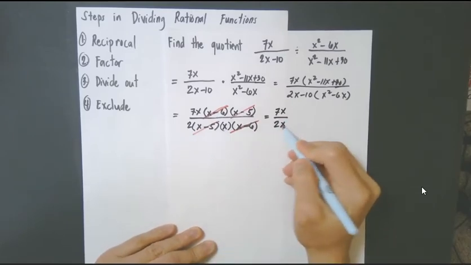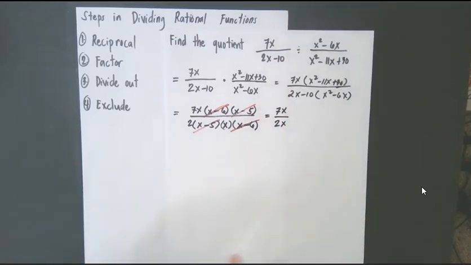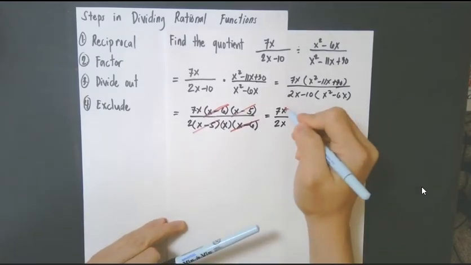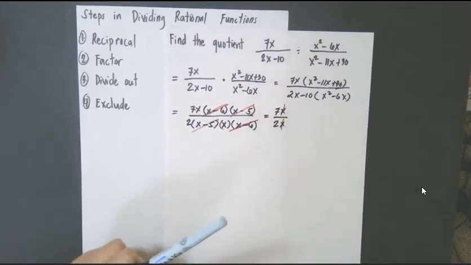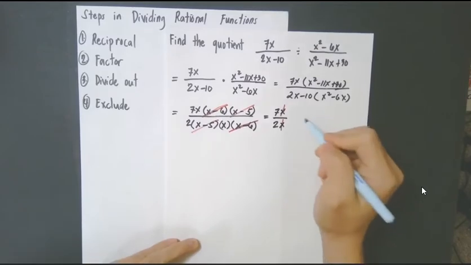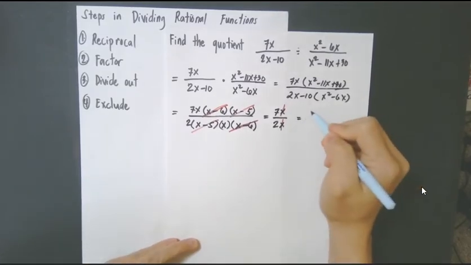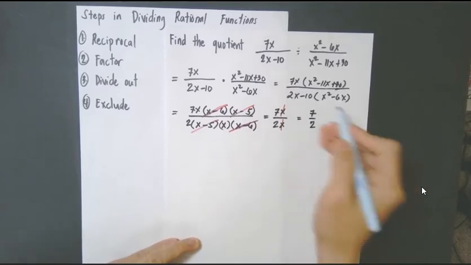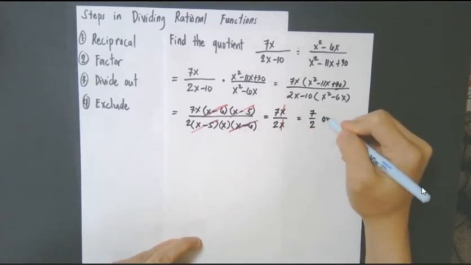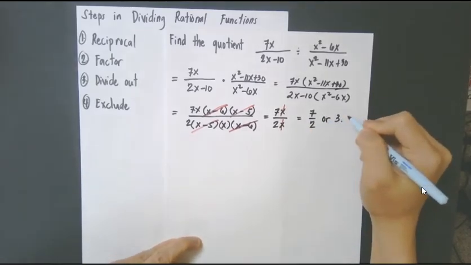So if you try to see here, x and x are also common factor, so we can cancel out here x and x. Now you're left with simplified form, which is 7 over 2, or you can express that into a decimal, which is 3.5.